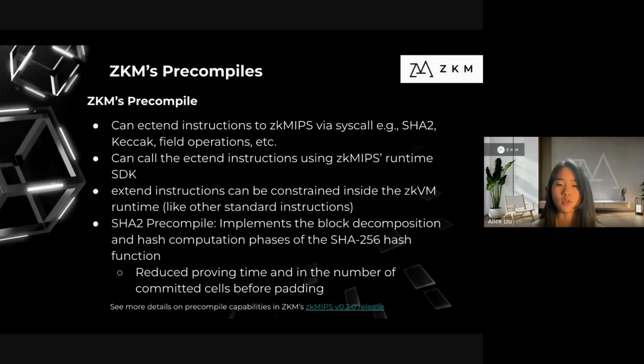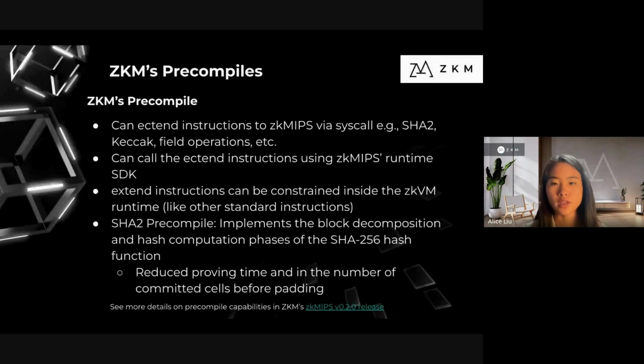You can reduce proving time and also the number of committed cells before the padding process of the SHA-256 hash algorithm. So you can speed up very specific steps, and from there have some advantages in your proof generation efficiency.